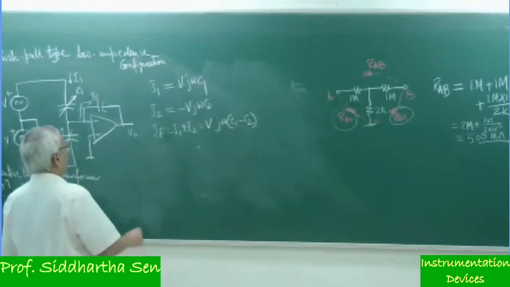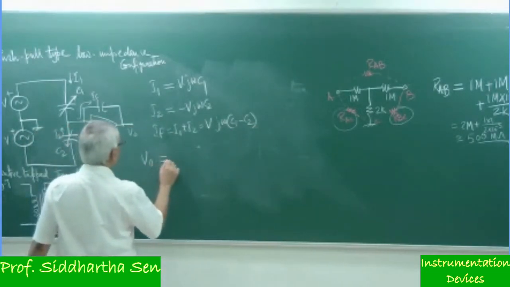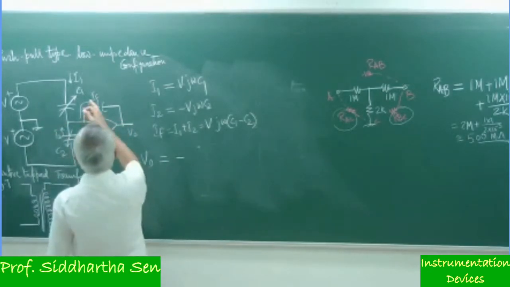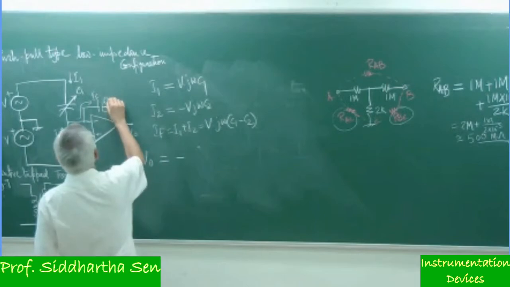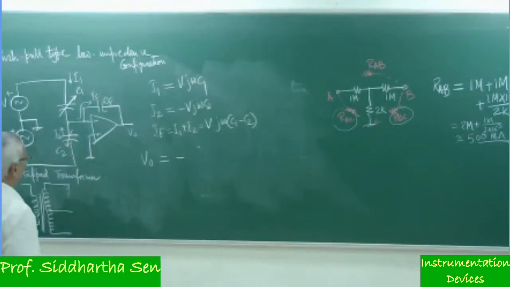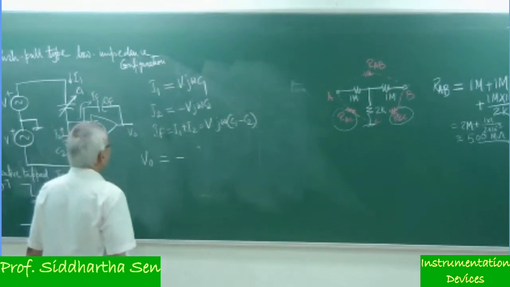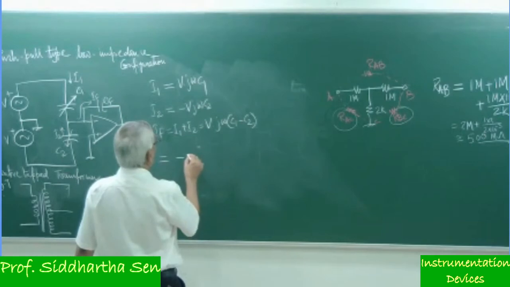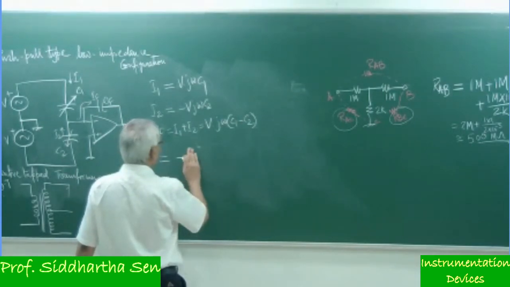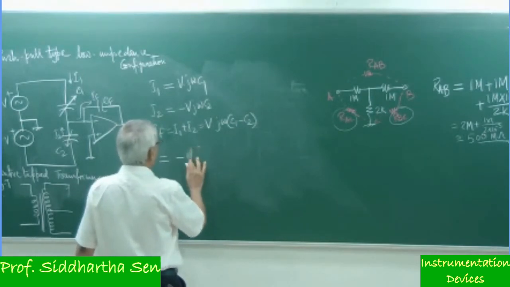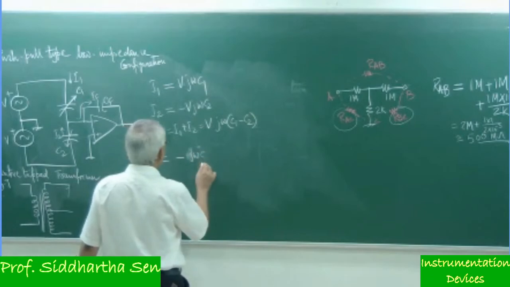And what is the value of V0? It is equal to minus of IF into this, which we call a fixed feedback capacitor, CF. What we can say it is equal to minus of, what is it?